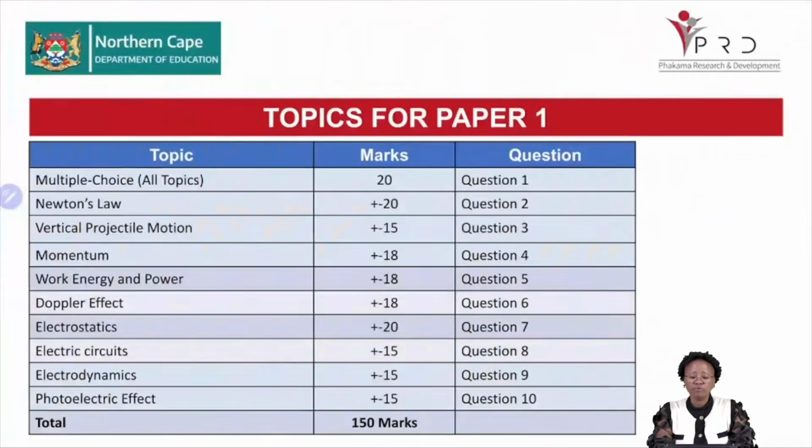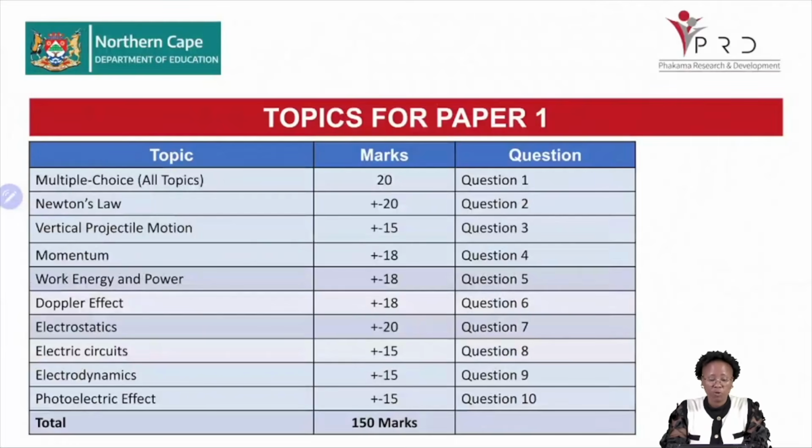Now let's quickly move on to the structure of the question paper. Remember, this is taken from previous question papers. In the previous question papers, question 1 is normally your multiple choice question, and it consists mostly of all the topics that will be covered in the paper. Question 2 is normally your Newton's laws, all of them, Newton 1, Newton 2, Newton 3, as well as the universal law of gravitation.